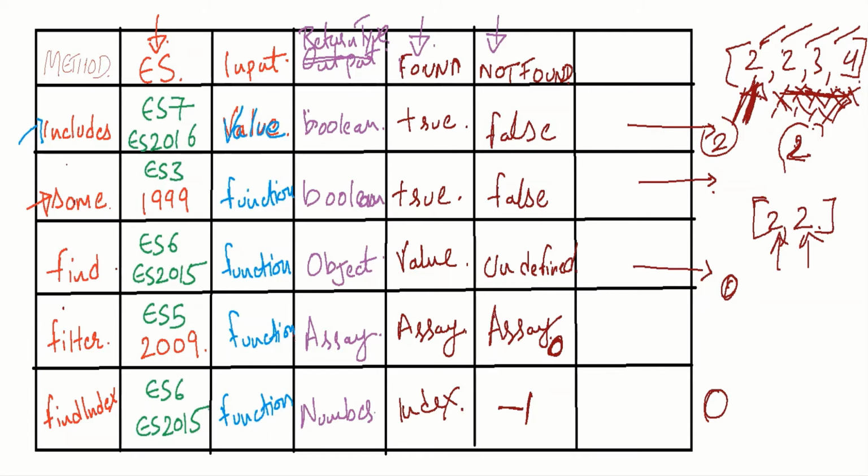So again, back to the best practices. These two we have already discussed. Find, if you're only looking to get the first matched item, then you should use find. If you're looking to get all the items, then use filter.